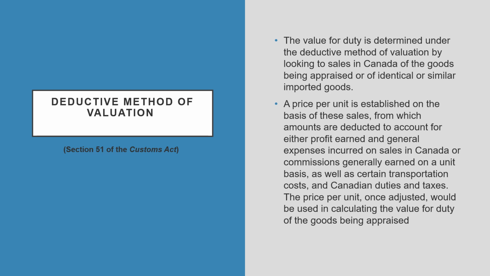You go deducting things that you believe should be deducted from that price that has been obtained on either identical or similar imported goods. So once you have that price per unit adjusted, you can use it in calculating the value for duty of the goods being appraised.